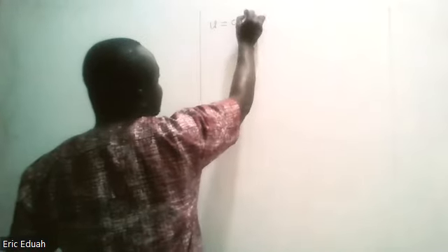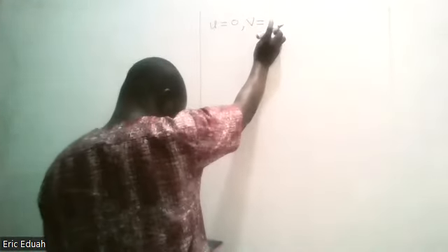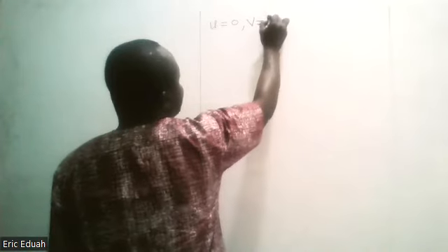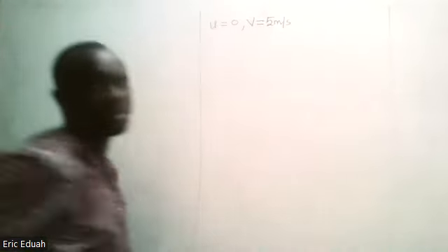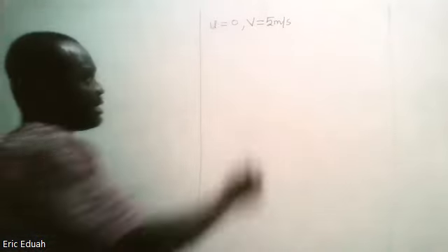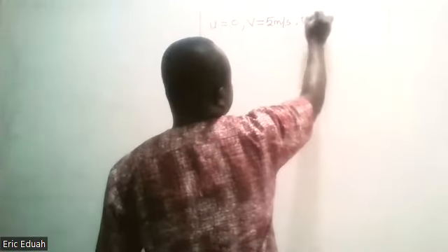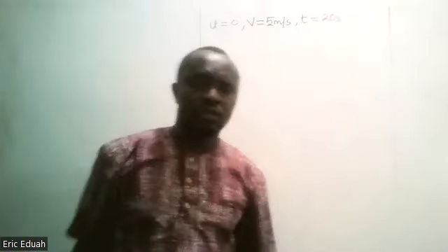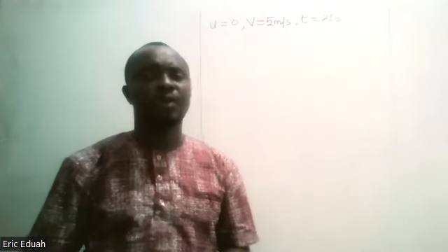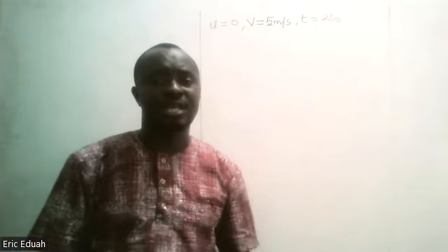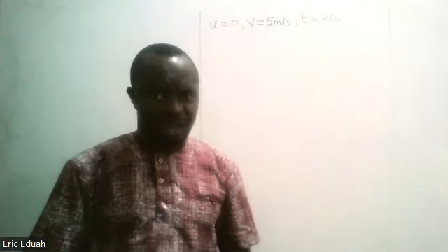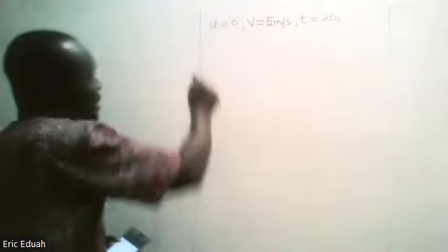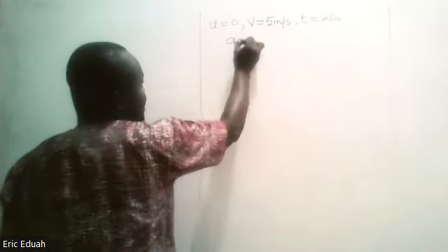The difference is that here we are given the final velocity, but we don't have the rate at which the body accelerated. But if we are to calculate, that is easier.